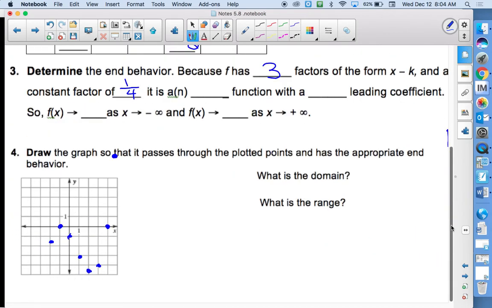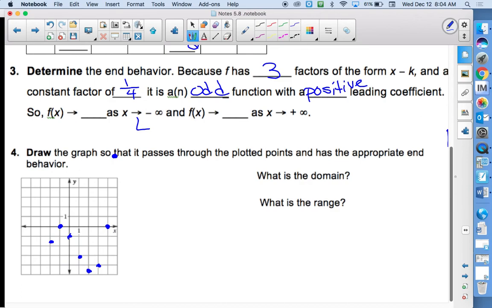So it is a blank function. So if the power is 3, it's an odd function with a positive leading coefficient. So it has 3 factors. The number in front is 1/4, so odd and positive means that the y value on the left side of the graph.